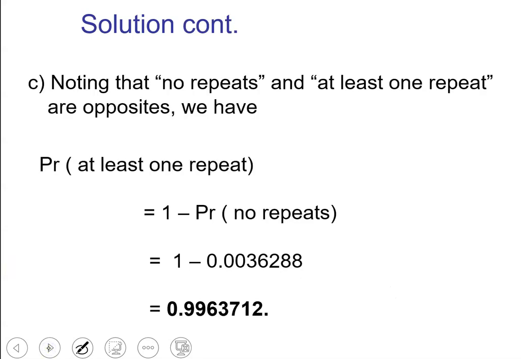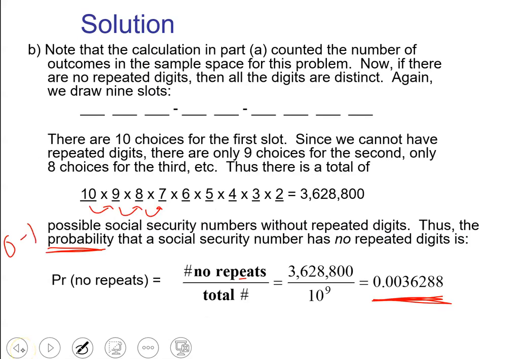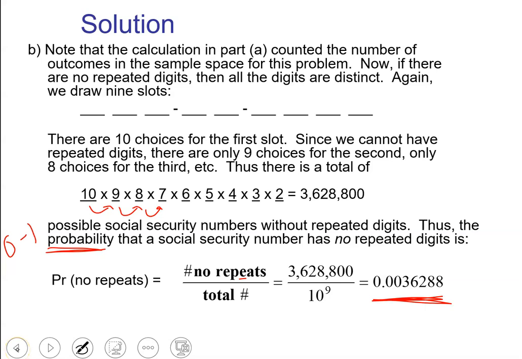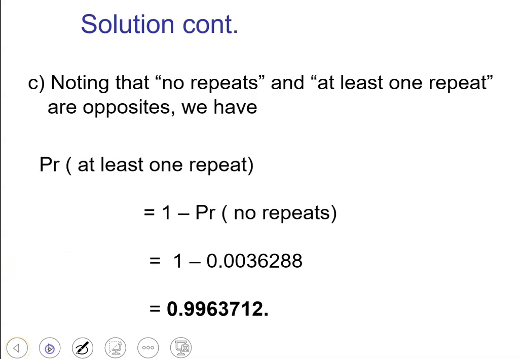So again, noting that no repeats and at least one repeat are opposites of what we just found, right? What we just found here is the opposite of at least one repeat. So instead of doing a ton of work going through this process of figuring out our 9 slots and which one goes in which, we literally can take 1 minus the probability of no repeats, and that gives us our probability.